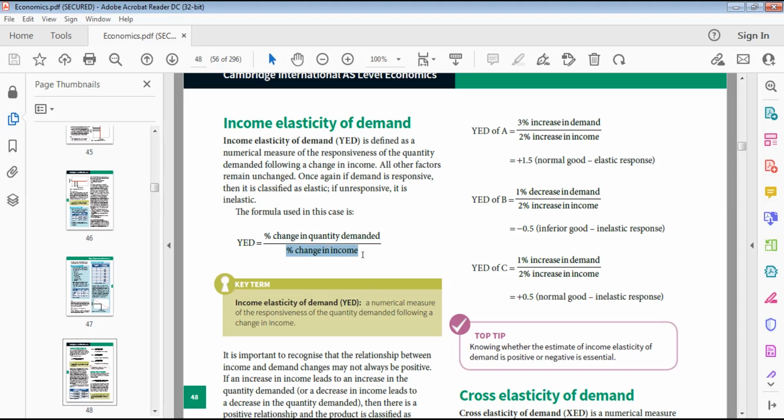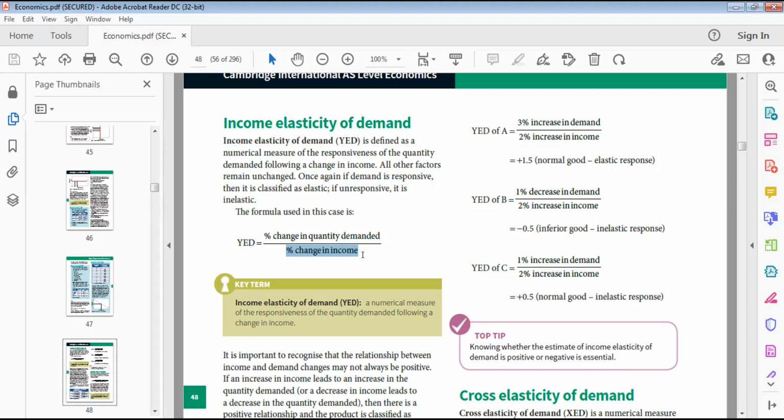But here, we're trying to find out will the demand increase a little bit or by a lot? Will there be a huge impact on the quantity demanded or less impact due to a change in people's income? Now, it might vary from product to product, right?